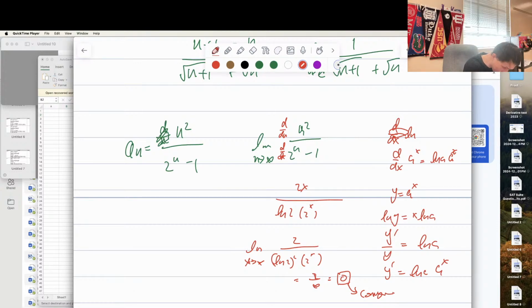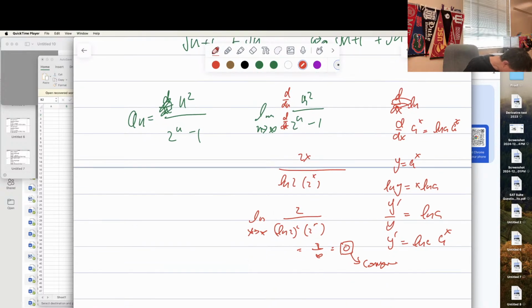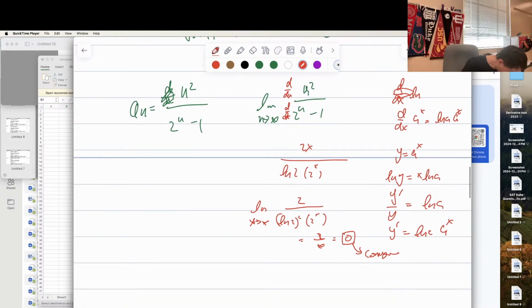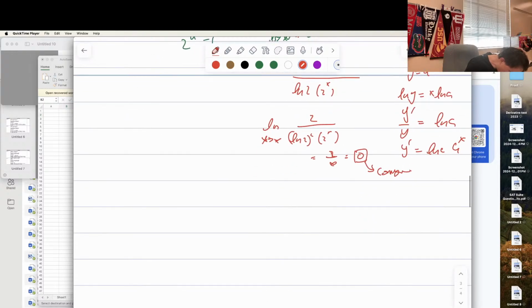Let's talk about the squeeze theorem. The definition of the squeeze theorem is pretty easy.